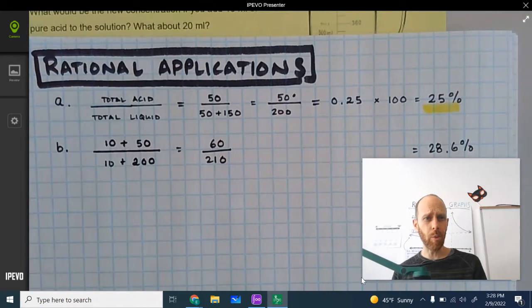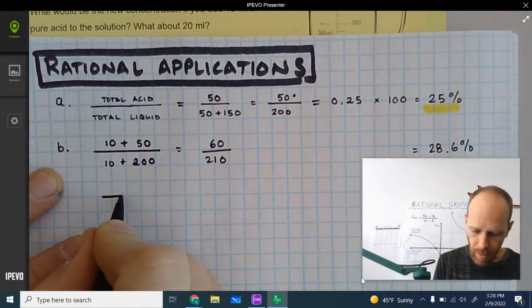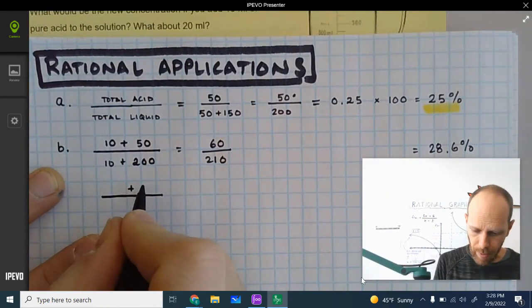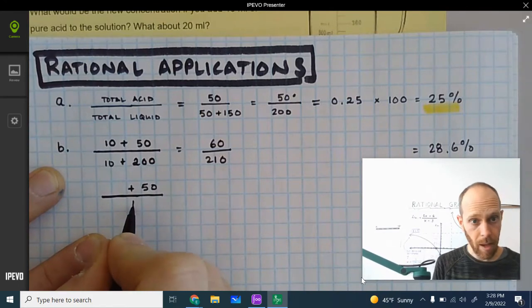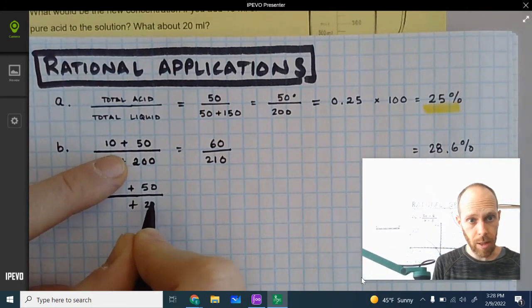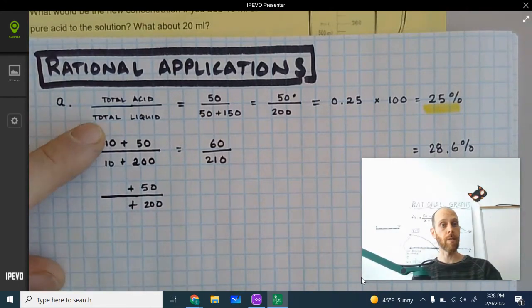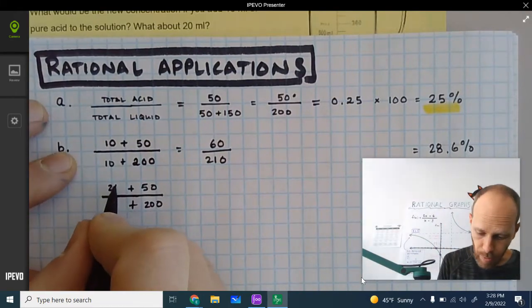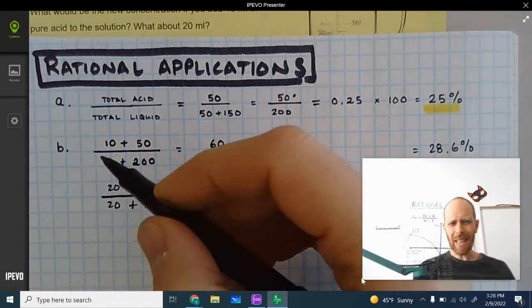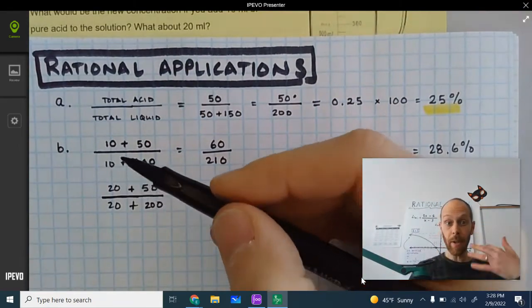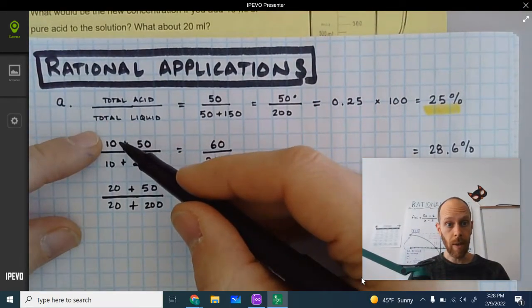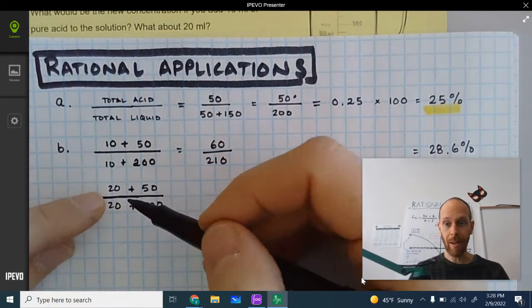Okay, this says, what about 20 milliliters? Well, if we added 20 milliliters, this didn't change. And this didn't change either. The only thing that changes is instead of a 10 and a 10, we've got a 20 and a 20. So I'm trying to make the point to you that as we add pure acid, this value and this value, right there and right there, are varying.